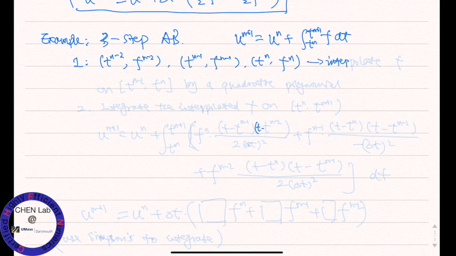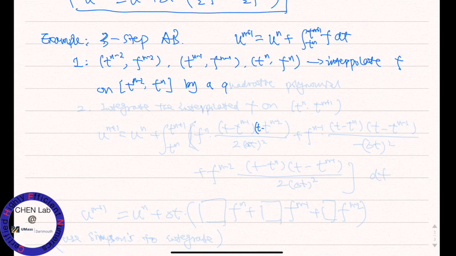So you interpolate f on Tn minus 2 to Tn by what polynomial? A quadratic, right?